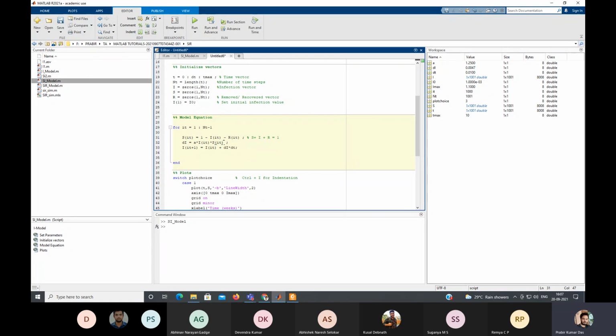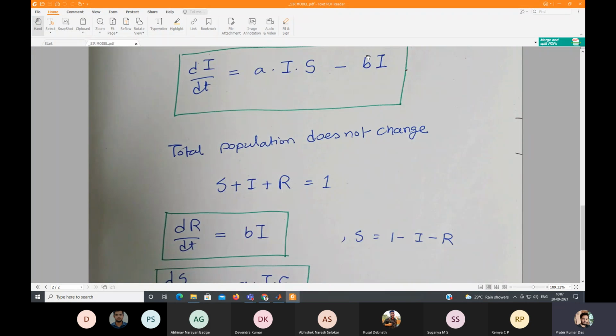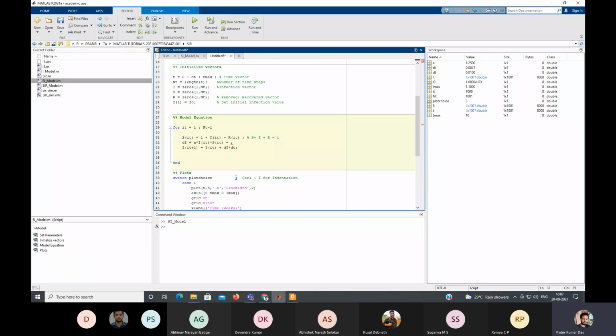Then how will we change this dI equation? So the dI equation is A into I(it) into S. We have to introduce this term, minus B into I(it). Then we will make this I equation, it is absolutely fine.